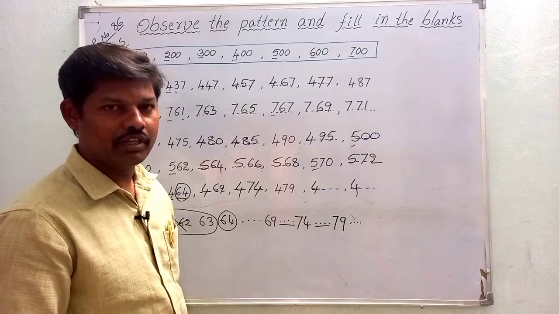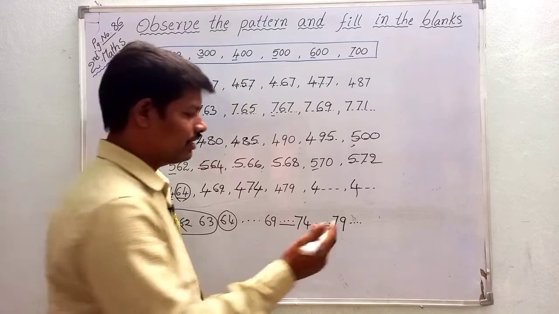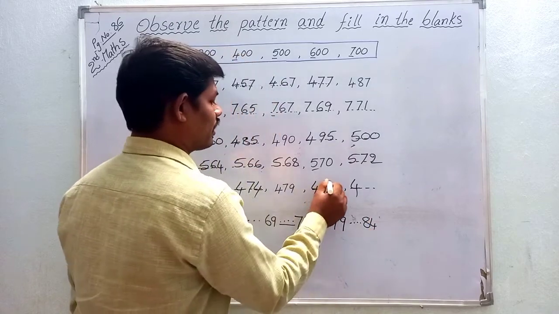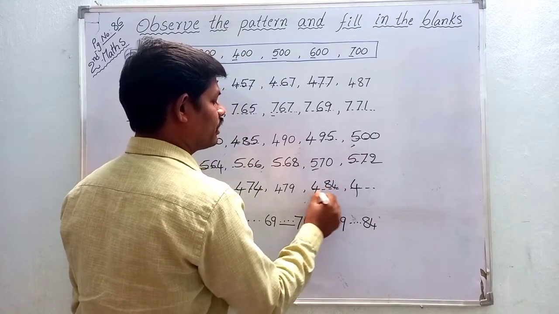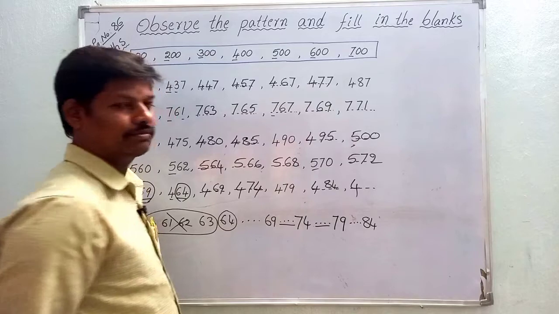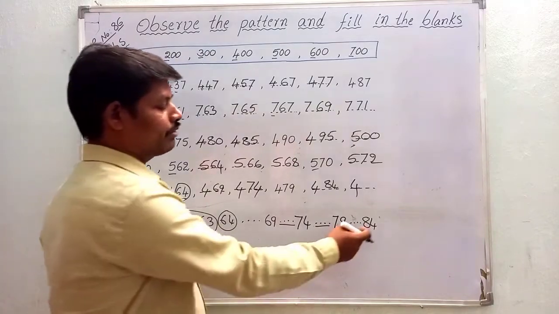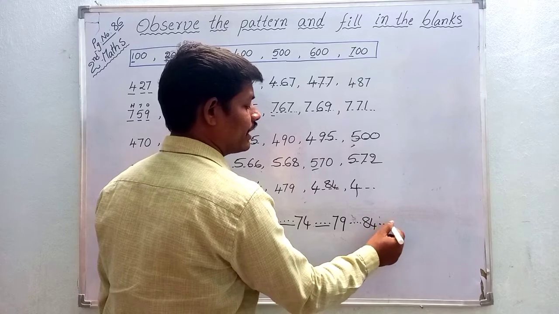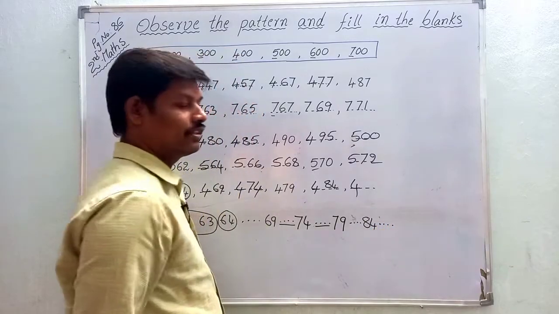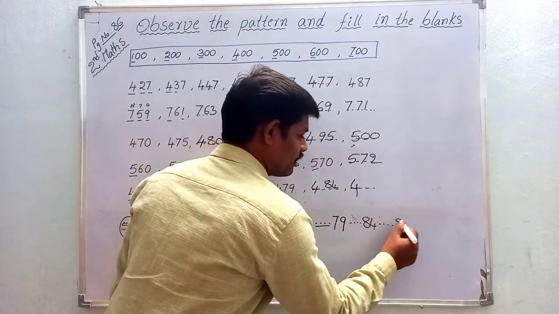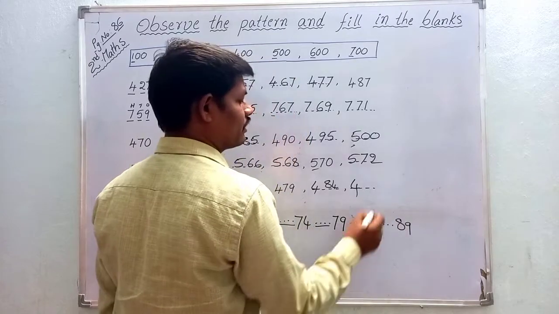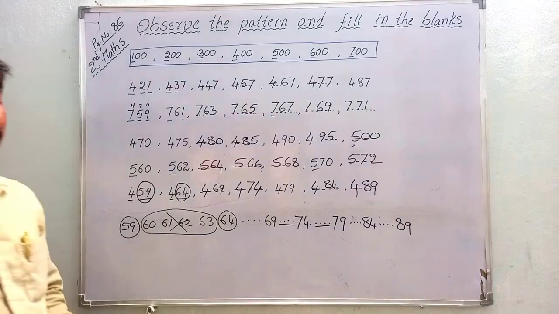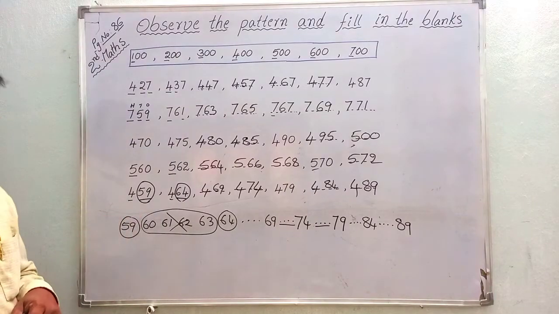What is the next number? 84. Right here 484. After 84, again leave 4 numbers: 85, 86, 87, 88. The next number is 89. Write 89 here. Okay, this is the pattern.